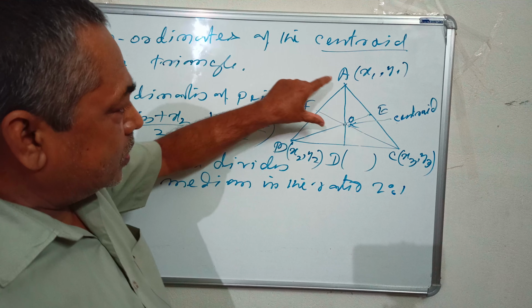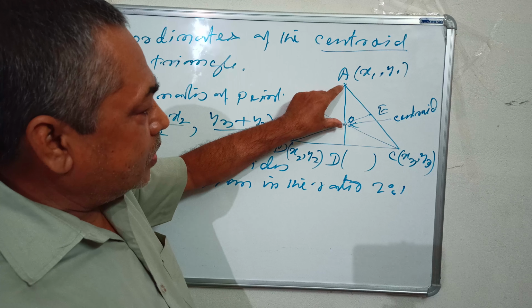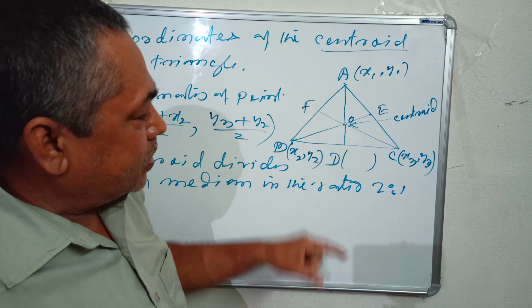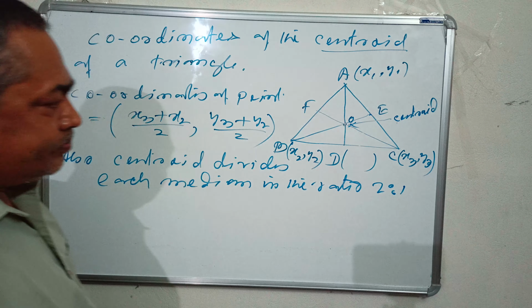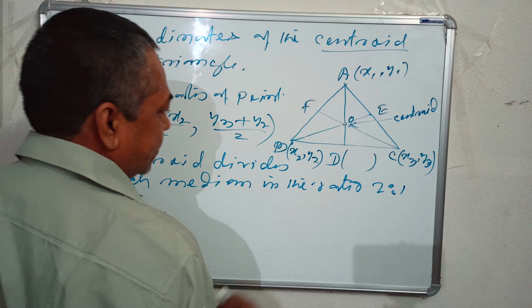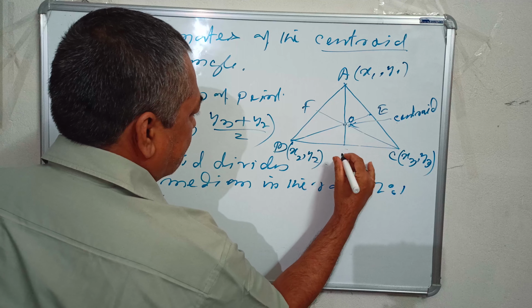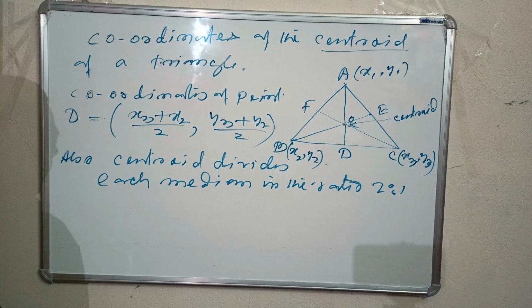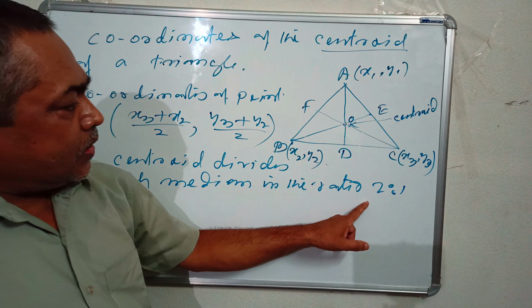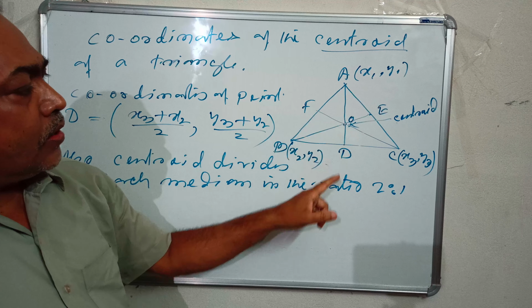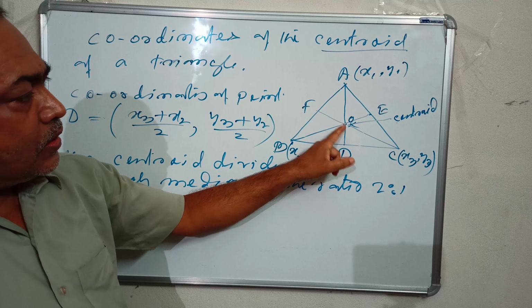You can see this portion is longer than this one. This is double of this portion. So the ratio is 2:1, while AD is a median. Now you know the ratio, you know the coordinates of D, and you know the coordinates of A also. So you can find the centroid.